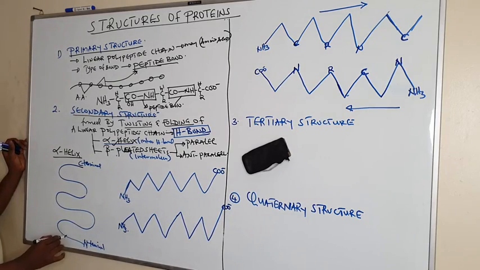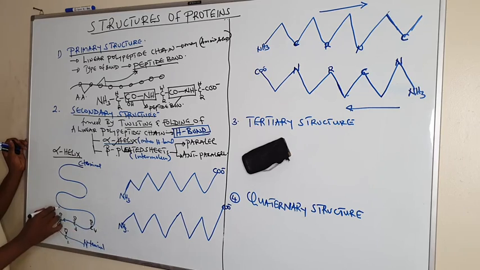If we have a carbonyl group at this point, this is the first one, we have a second carbonyl compound, we have a third carbonyl compound. So this one is the first, then this is the second, this is the third, this is the fourth, and they are going to interact with the fifth.